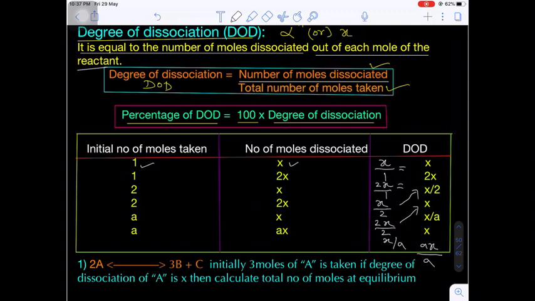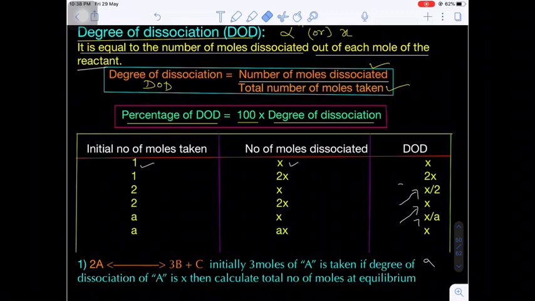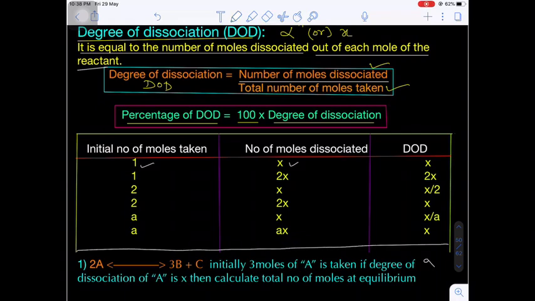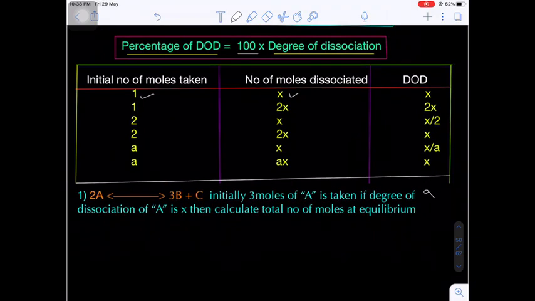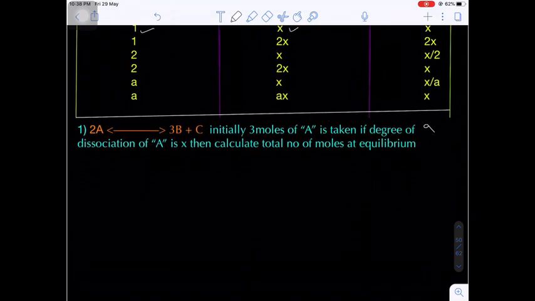So this is the degree of dissociation: the total number of moles dissociated divided by the total number of moles initially taken is called DOD.